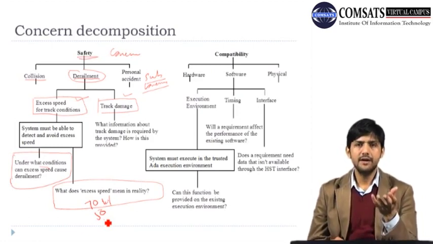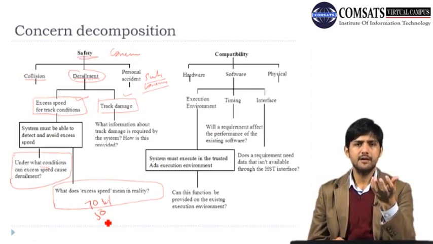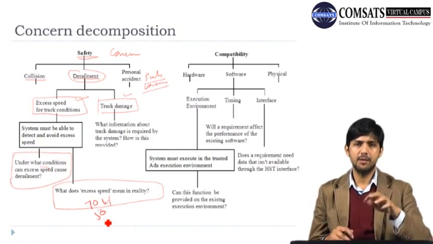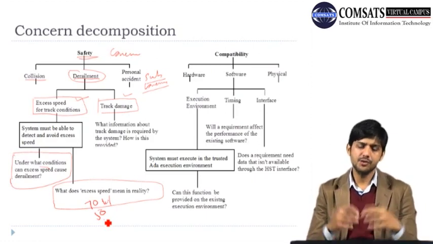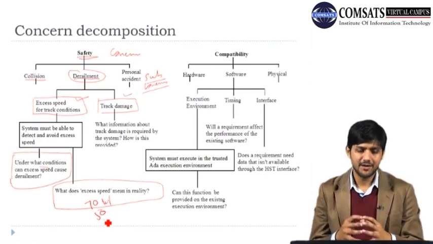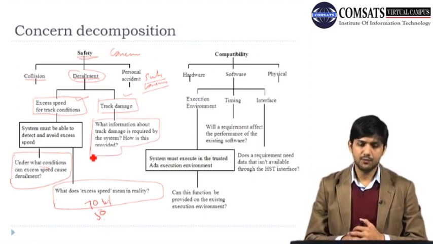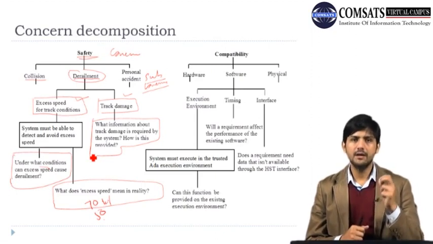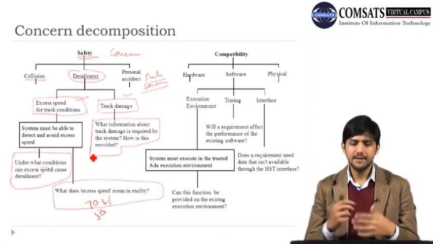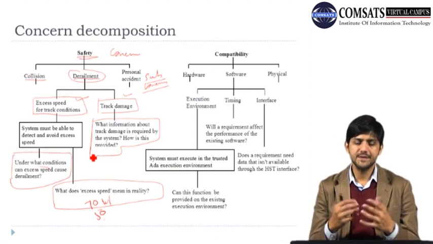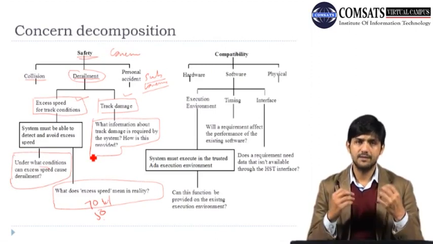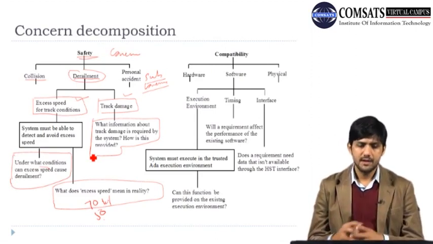We need to identify those situations, for example, if the train gets too bumpy, does that mean that the track conditions are poor? Similarly, a question related to track damage is what information about the track damage is required and how is this provided? That is another question that we need to answer when we are specifying these non-functional requirements.